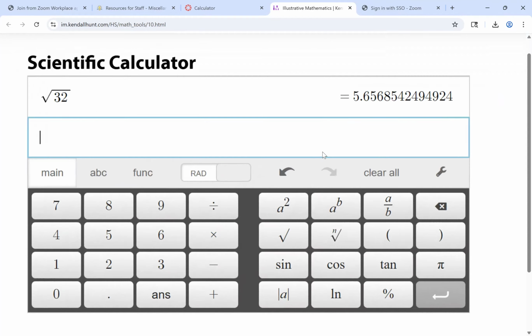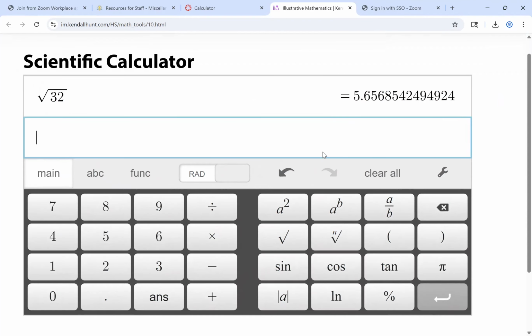Let me just put it in there. Okay, it gives me a long, long decimal. We did not specify how many decimal places we wanted. When it is not specified, we're going to go with 2 decimal places. So I see my third decimal place is 6. So let me write it here.